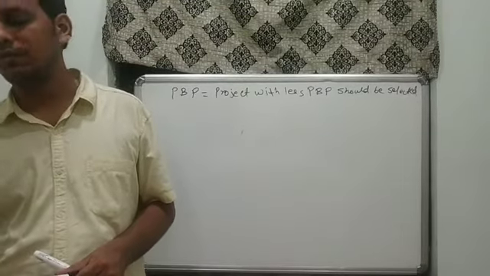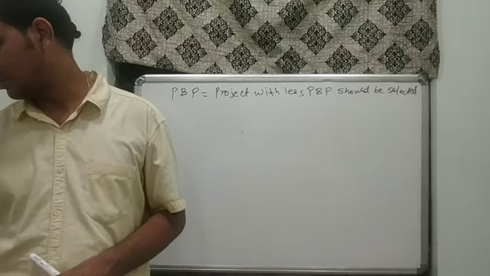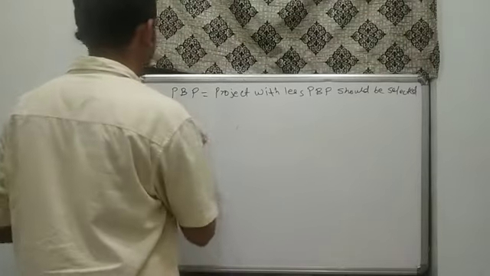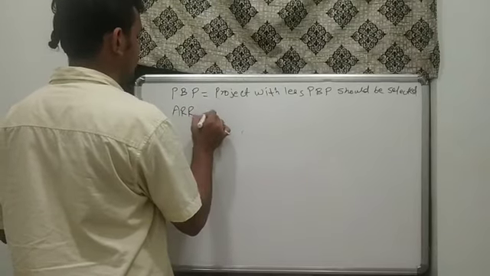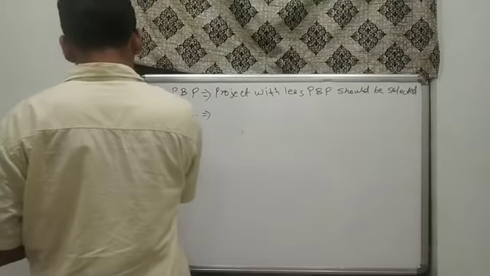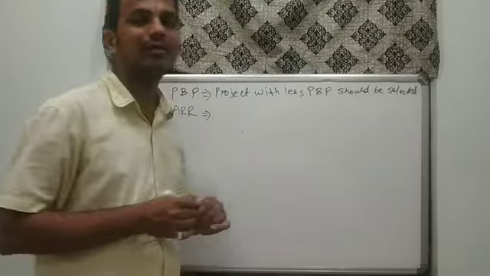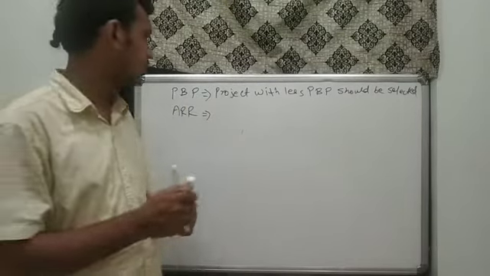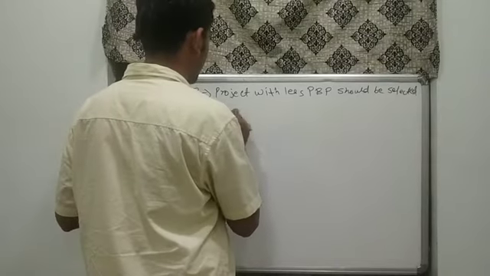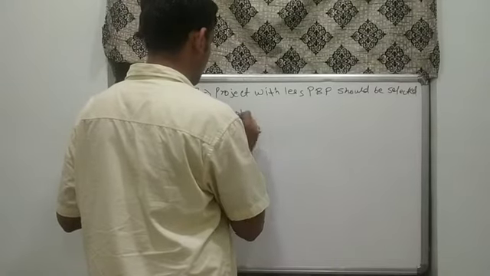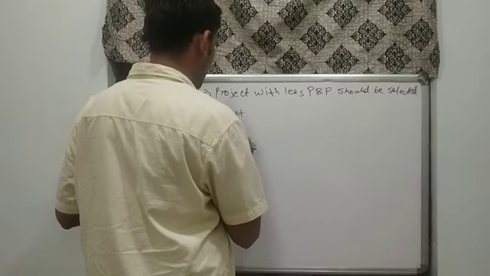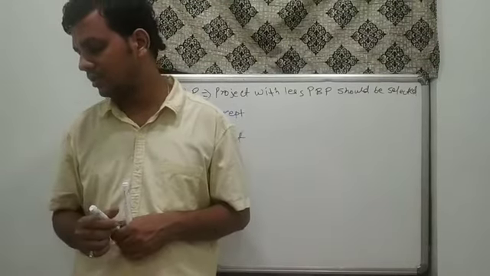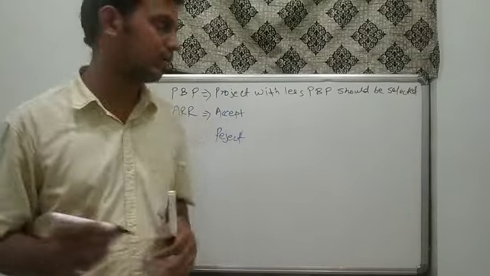Now we will start with our second method or type of capital budgeting technique, that is ARR. There are two types of decisions which we have to make with regard to capital budgeting. First is accept, second one is reject.